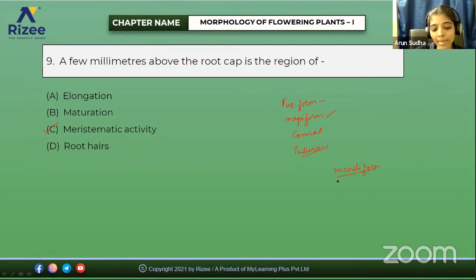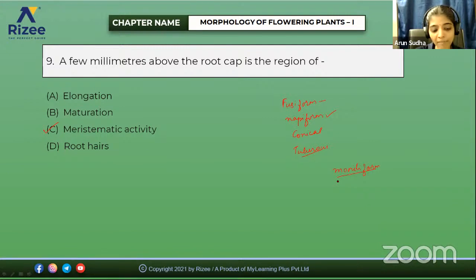Then roots of parasitic plants, Cuscuta, are of climbing roots, prop roots, mycorrhizal roots, or haustoria. Yes, haustoria is the correct answer, good.